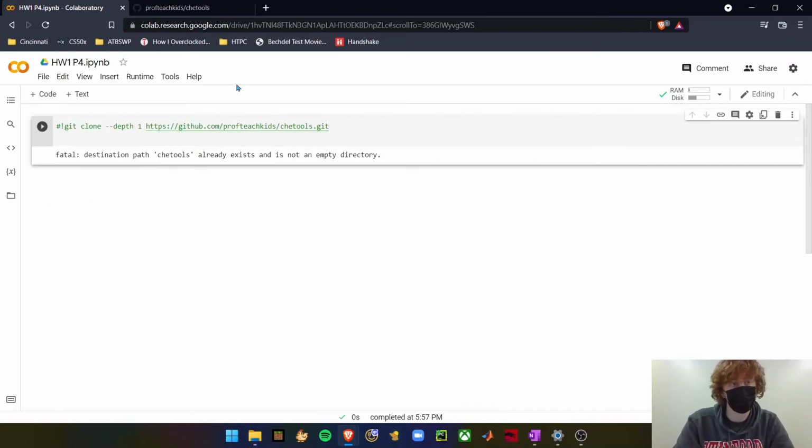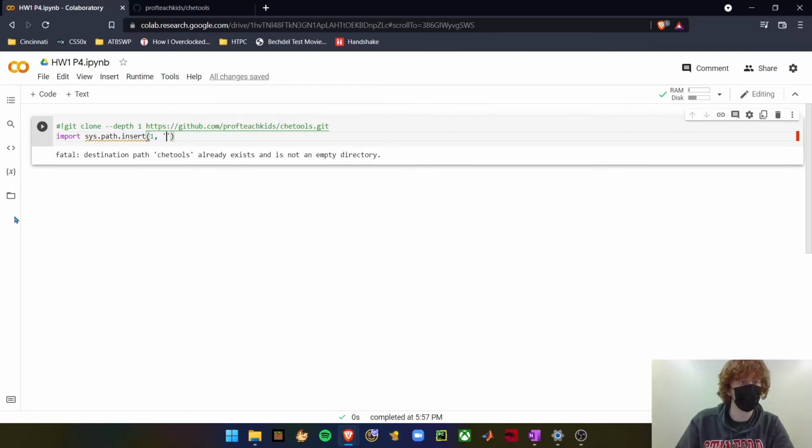And then from there, we can import sys, and all this is going to let us do is specify the file path that we want our Python to look for tools that we're going to be using. And we want the file path that we specify to be the first place it looks.